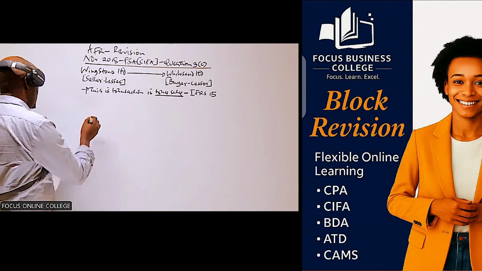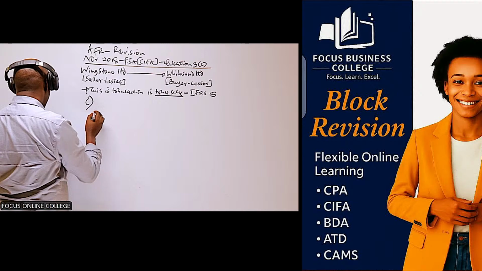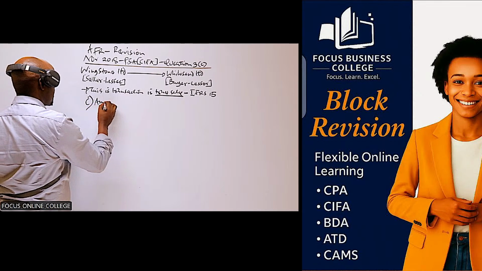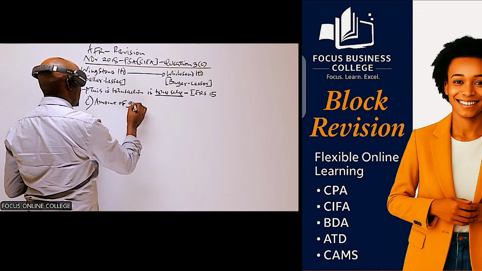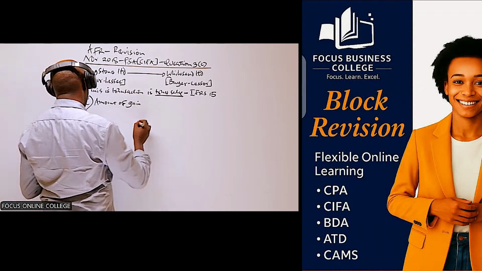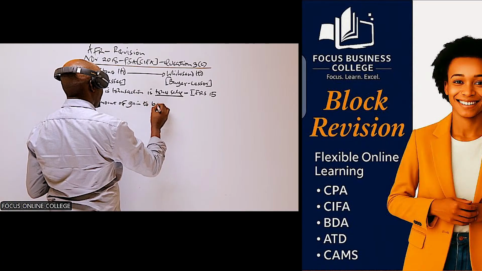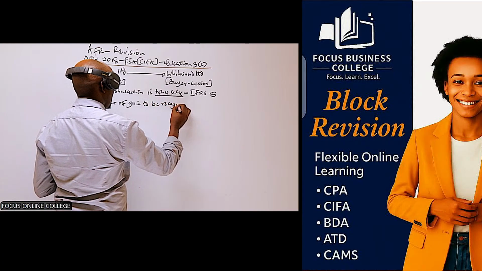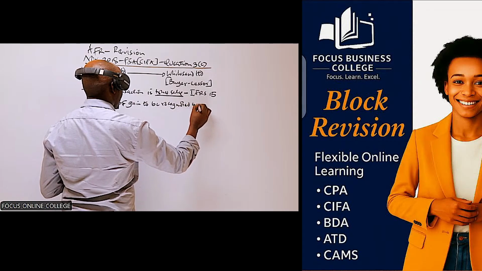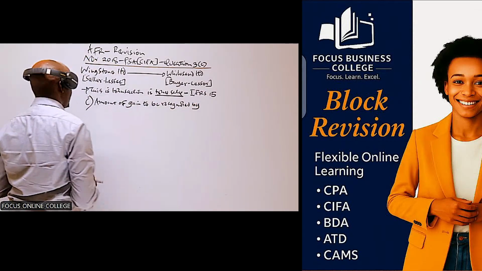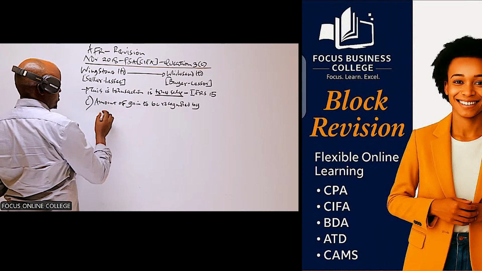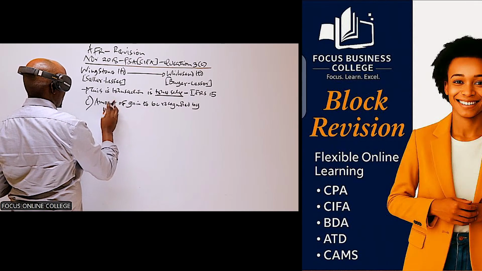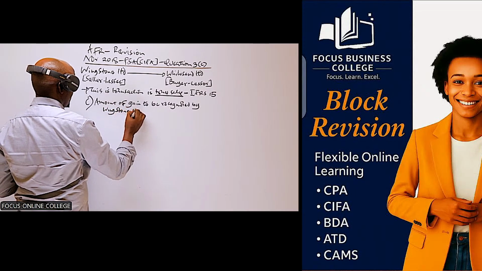So what we are required in Roman 1 of the question is we compute the amount of gain to be recognized by Wingstone Limited.